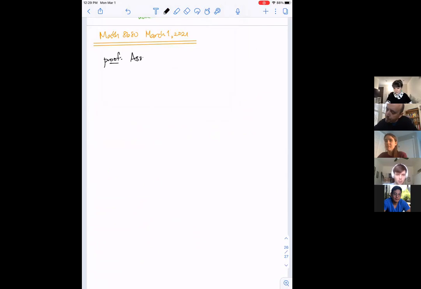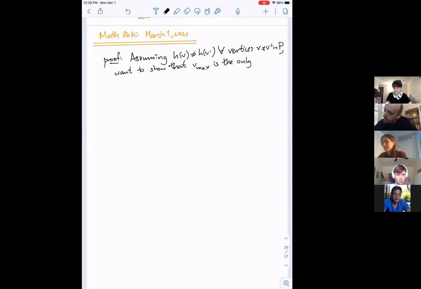So assuming H of V is not equal to H of V prime for all vertices V not equal to V prime in P, we want to show that Vmax is the only sink in the directed graph that directs the edges of P, H upward.